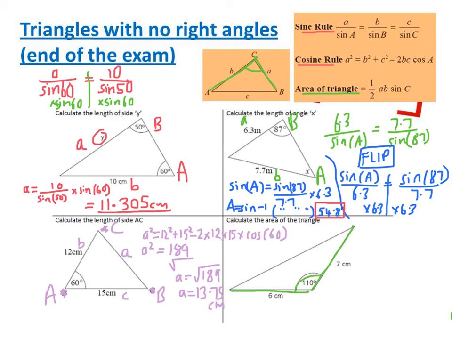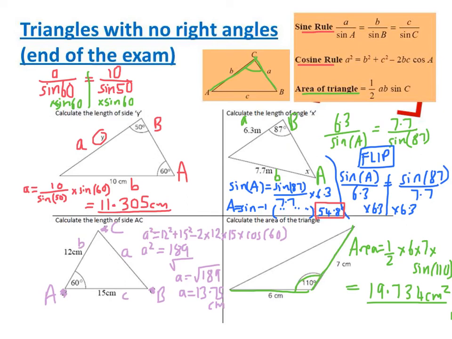So I'll simply substitute those into the formula. The area equals half of one side times the other side times sine of the angle in between them. I'll put that into my calculator, and this gives me an answer of 19.734 centimetres squared.